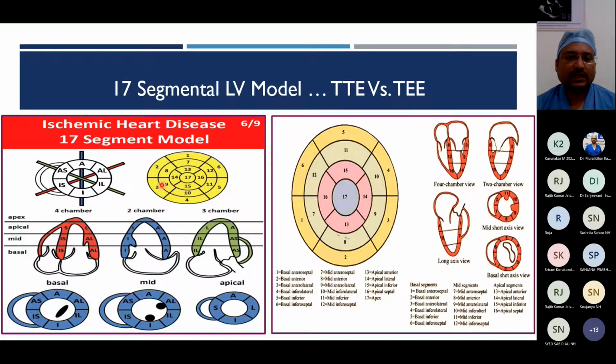Transthoracic imaging starts with the basal anterior segment as segment 1, while transesophageal echocardiography starts with the basal anteroseptal as 1, and it goes basal anterior, basal anterolateral, basal inferolateral, basal inferior, and basal inferoseptal, and then the mid, and then the apical, and then there's an apical cap.